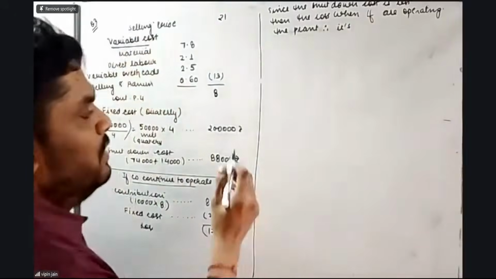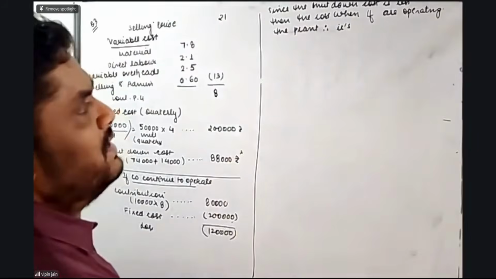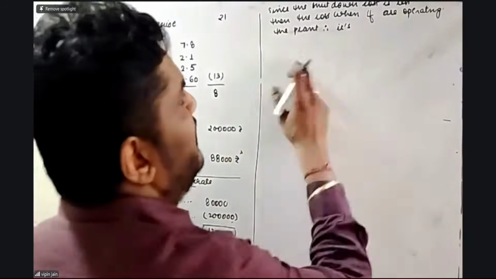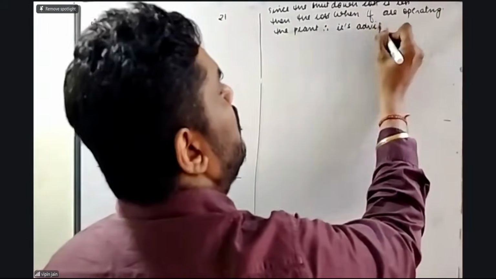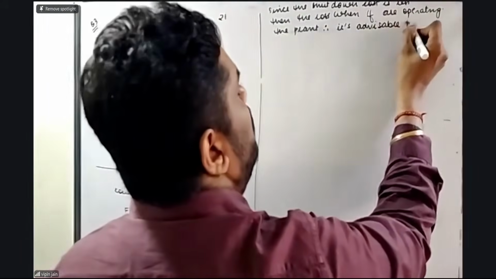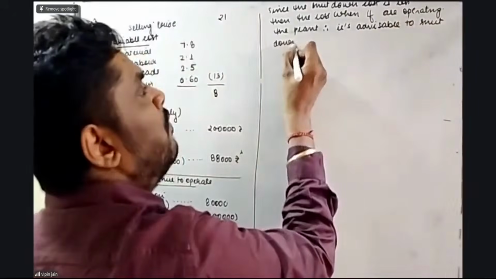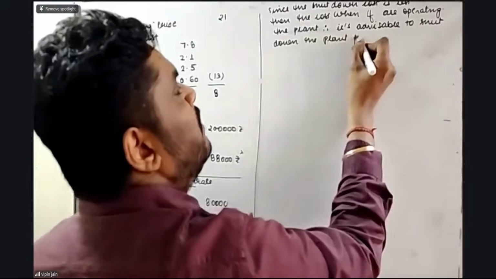Since the shutdown cost, that is 88,000, is less than the loss if we are operating the plant, therefore it's advisable to shut down the plant for the quarter.